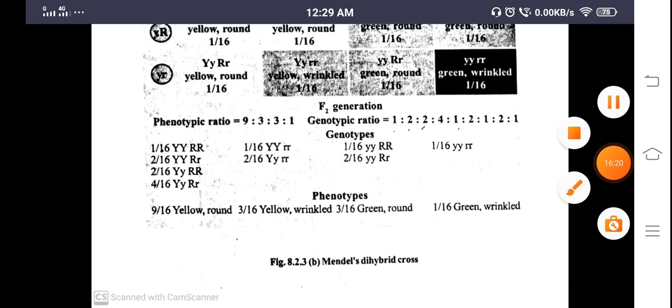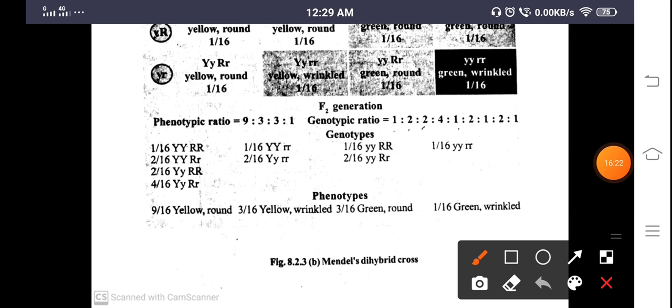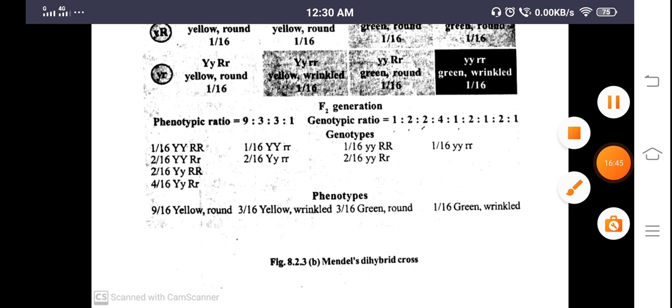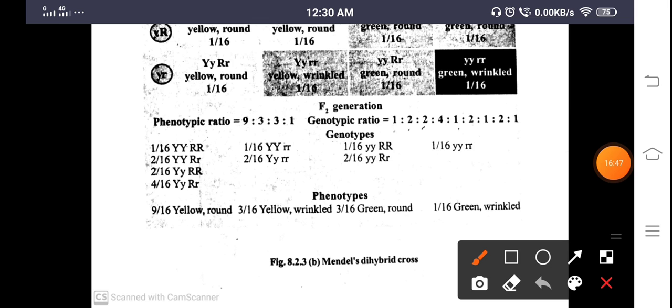So finally you have to keep in your mind that the dihybrid cross phenotype ratio is 9:3:3:1, whereas the genotype ratio is 1:2:2:4:1:2:1:2:1. This is most important, Mendel's dihybrid cross.